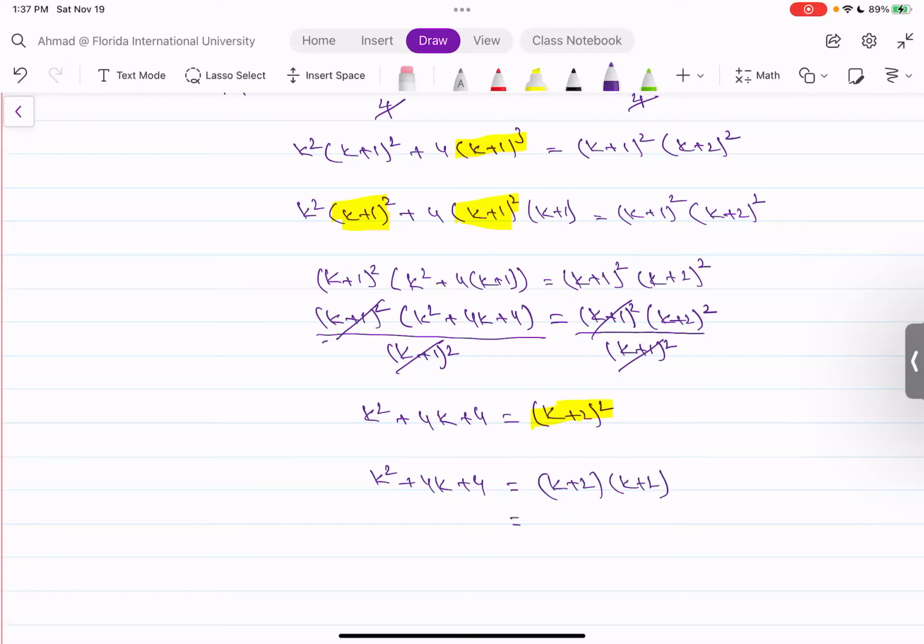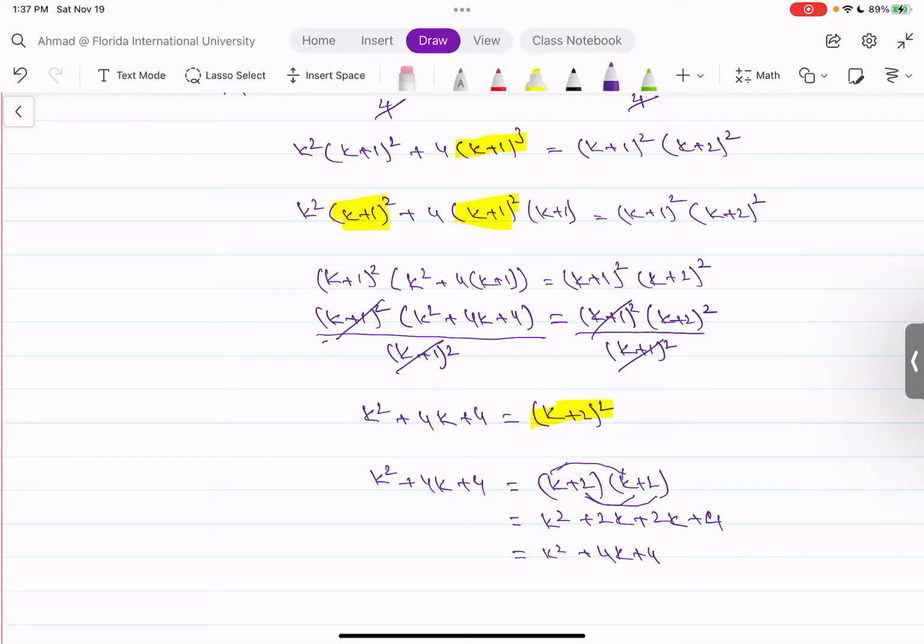right? And then it happens to be k times k, which is k square, and k times 2 plus k times 2 is 2k, plus then this 2 times k is 2k, and this 2 times 2 is 4, right? So if you simplify this, it is going to be k square plus 2k plus 2k is 4k plus 4.